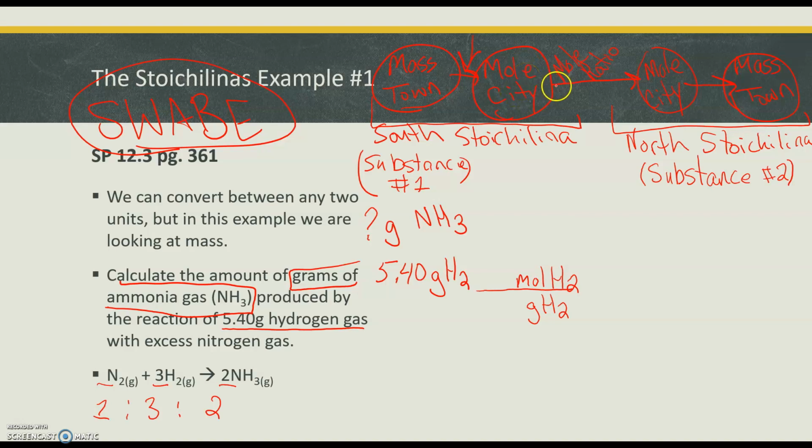We will then use our mole ratio line to compare moles of substance 1, hydrogen gas, to moles of substance 2. This is ammonia gas. Again, we're going to cancel out moles of hydrogen gas, so we put it on the bottom. On the top is where we'll put our new substance, moles of ammonia gas.